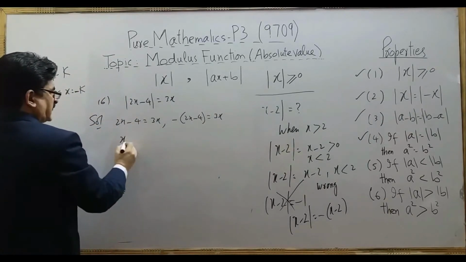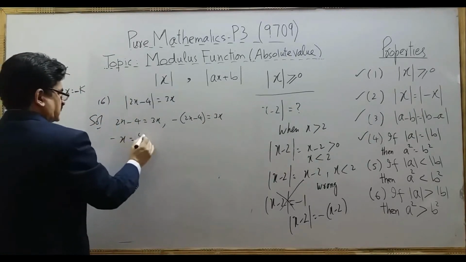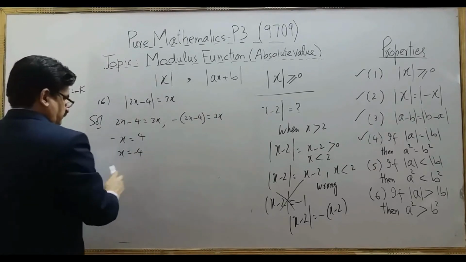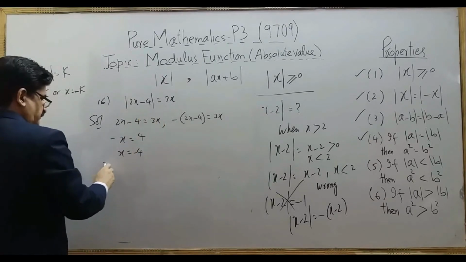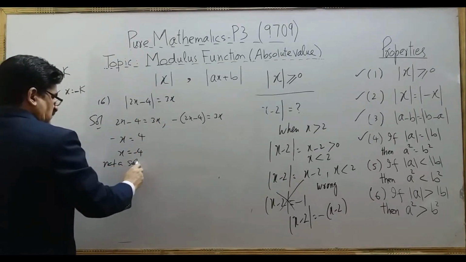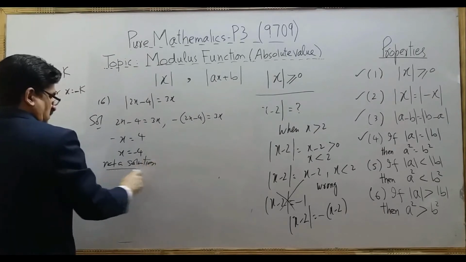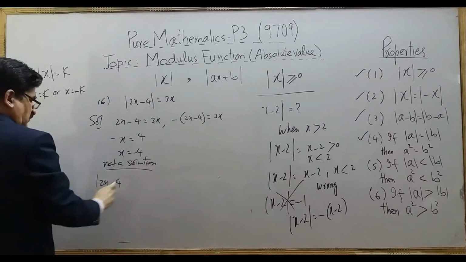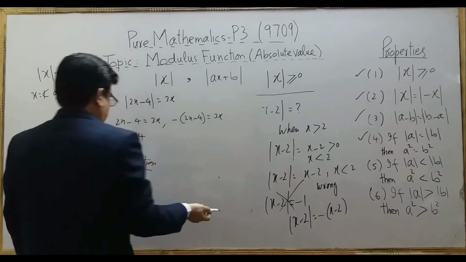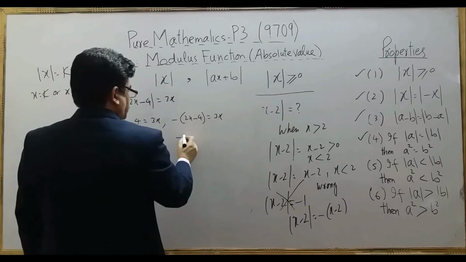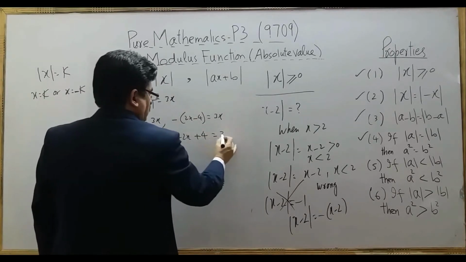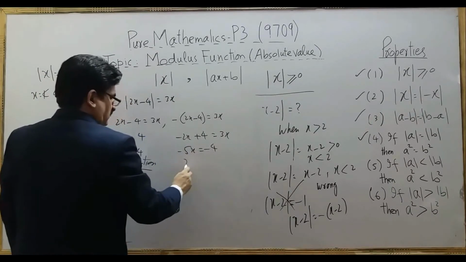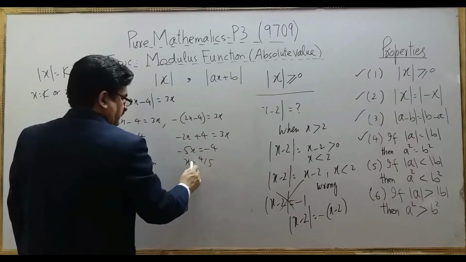So from here you will get −x is equal to 4, x is equal to −4. Which cannot be a solution, because the modulus cannot be negative, 2x − 4 is greater than or equal to 0. Now see the second value, it is −2x + 4 is equal to 3x. This will be −5x is equal to −4, x is equal to 4 by 5.